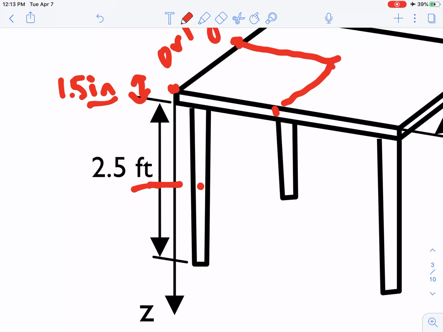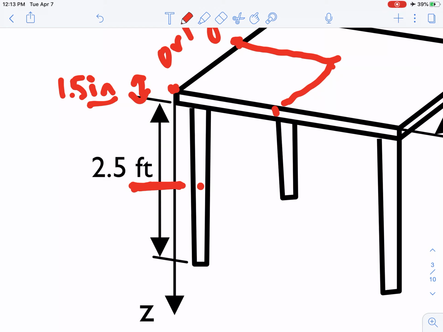But to realize what we have here, we have 4 legs, and I put that mark here. At this mark, all the 4 legs' centers of mass lie on this point along the z direction. So that's about half of that 2.5 feet. But at the top, the table is 20 pounds. So 20 pounds of tabletop versus 4 times 3 pounds, it's 12 pounds of legs at this marked point.